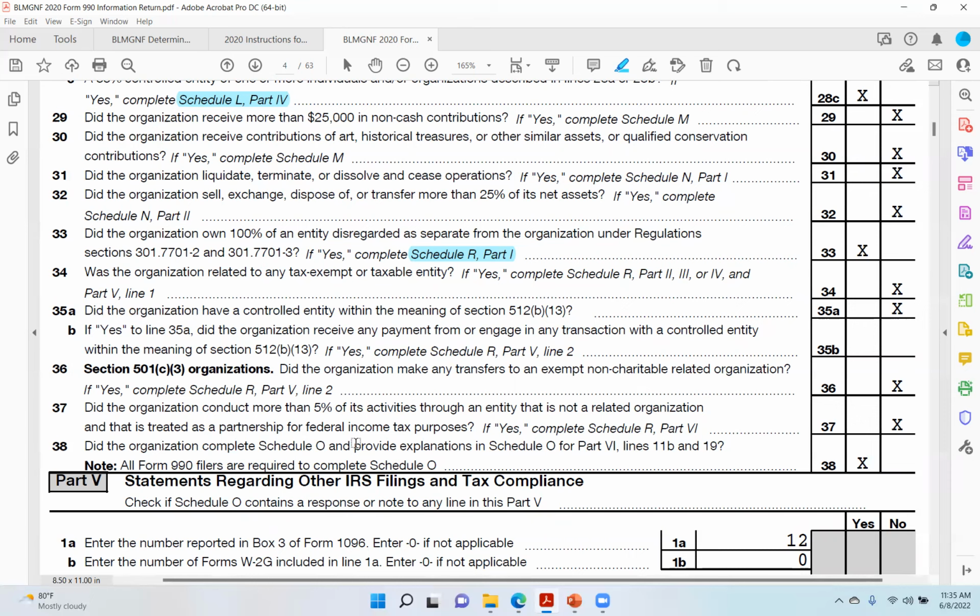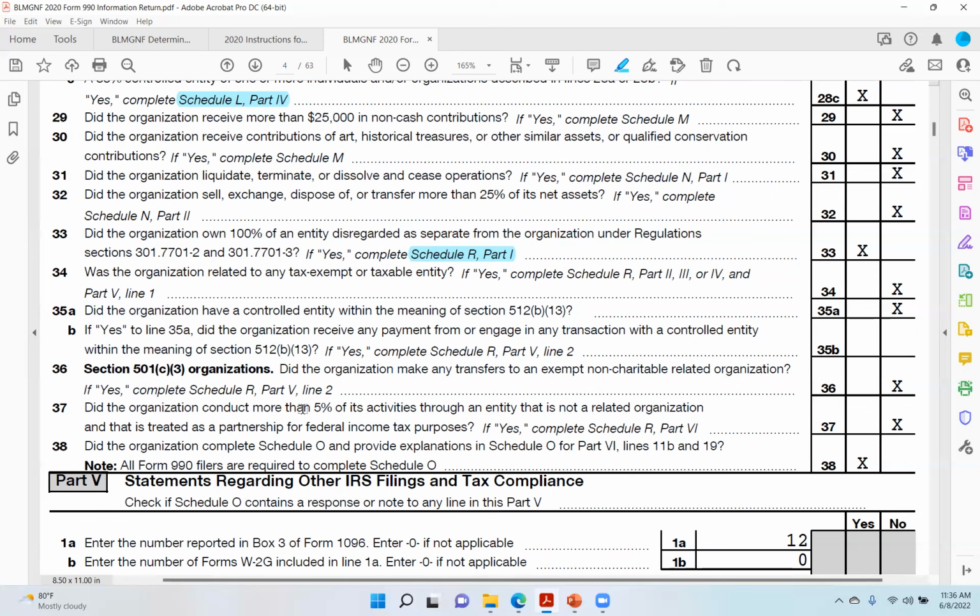Again, did the organization make any transfers to an exempt, non-charitable or related organization? That's a red flag when they said no to that, because in my video series regarding the $21 million that Patrisse Cullors allocated among 30 LGBTQIA organizations, several of those organizations did not have tax exempt status, but she still gave them money.